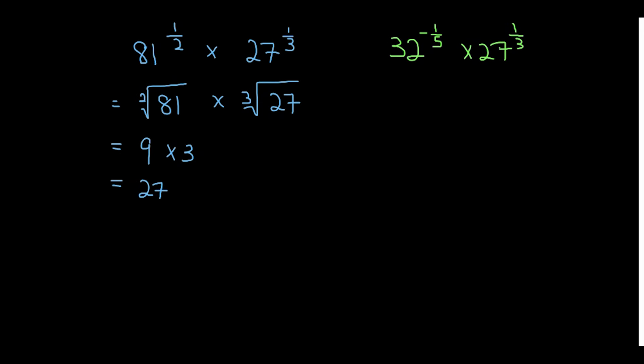What would we do here? So maybe we get a little silent because we see a negative power, but think about it. Think about what we just looked at. Just that this time you have a negative.